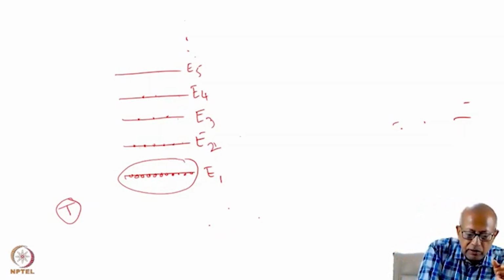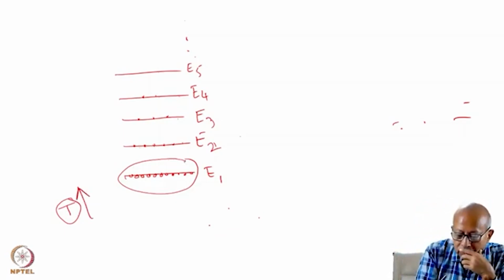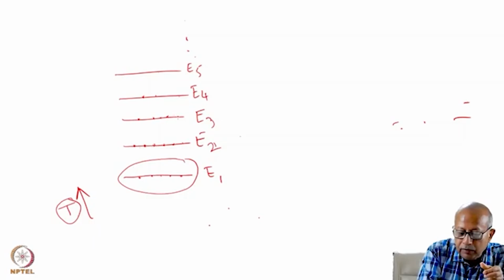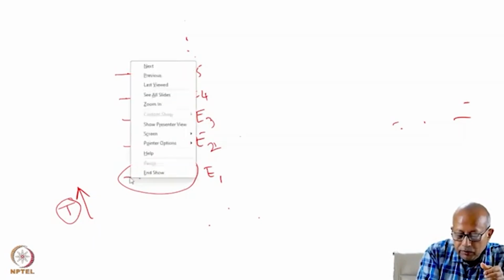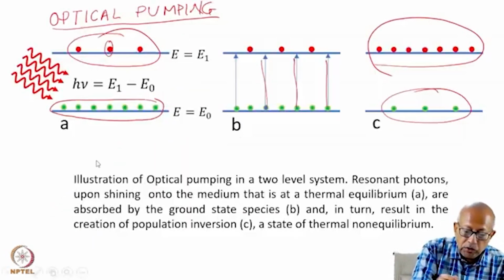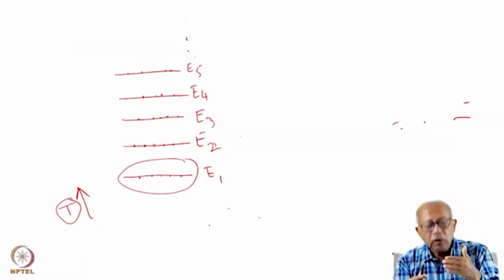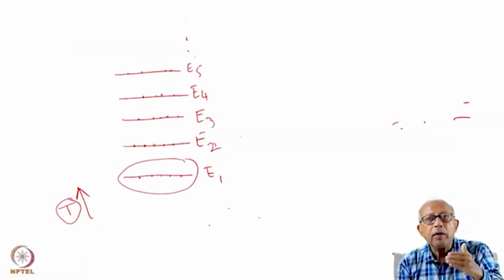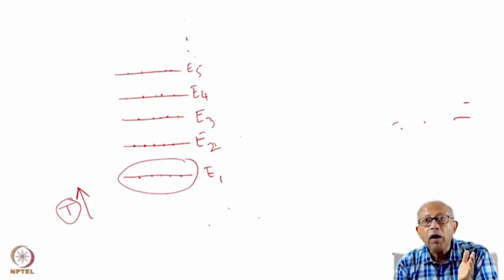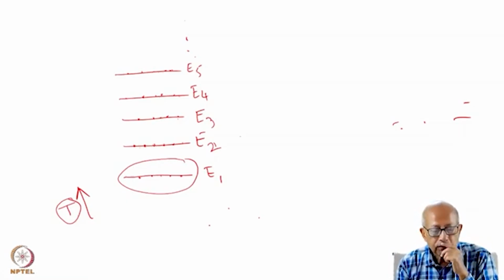So as I increase the temperature, the population of the lower level will reduce, and the upper levels will increase. But always, the population of the lower level will be more than the one next to it, otherwise we would violate the Boltzmann distribution.